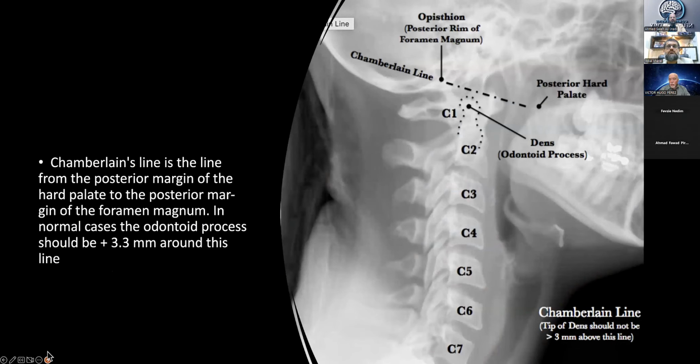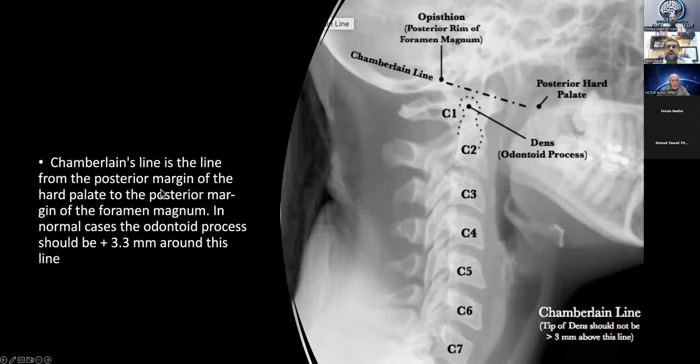So we know that there are several lines to identify some pathologies in the craniovertebral junction, mainly some structural anomalies.